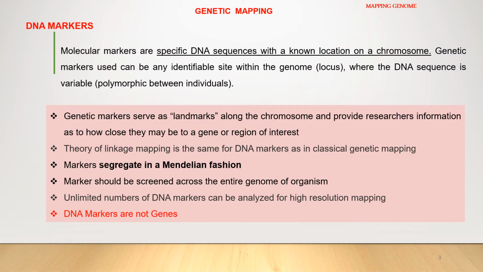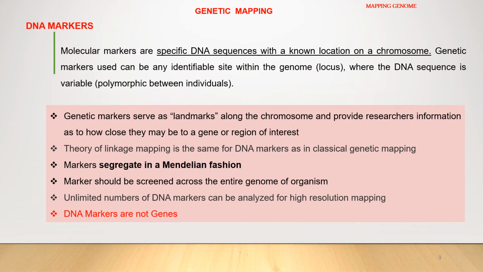DNA markers or molecular markers are a stretch of specific DNA sequence located at a specific site on a chromosome. These serve as landmarks on the chromosome to provide researchers with information of the proximity of the gene of interest.